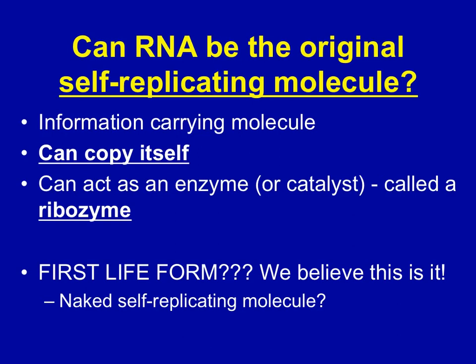So the question, once again, you know the structure of DNA, you know the structure of RNA. I said DNA can't be the original self-replicating molecule. Well, get this. RNA, number one, it has the information. It can store information in the bases, and it can actually copy itself. It can act as an enzyme.